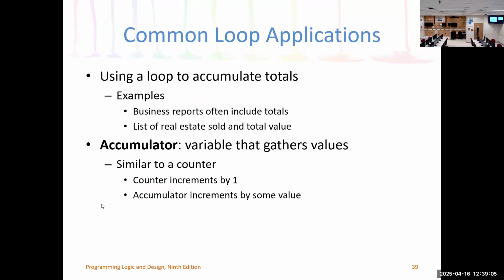Okay, now we go with some common loop applications. Using the loop to accumulate a total. But think about this one: I keep asking you to enter a number, and every time you have to find out the total of the numbers. Think about I enter 1, 5, 10, 2, 3.